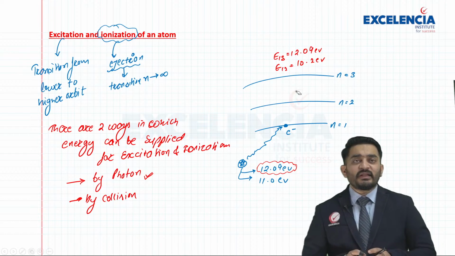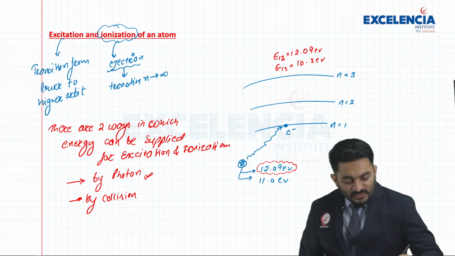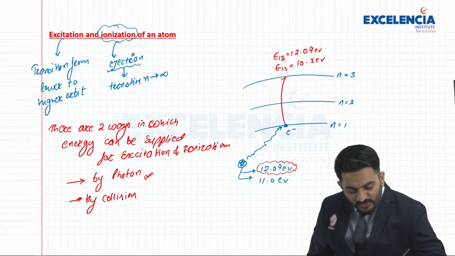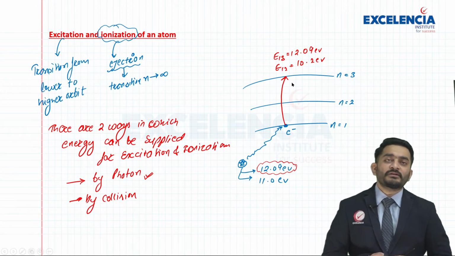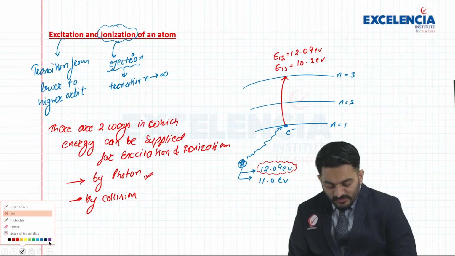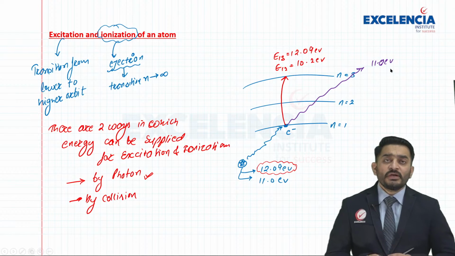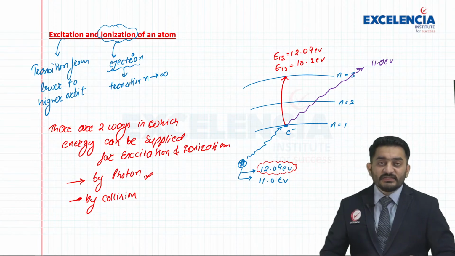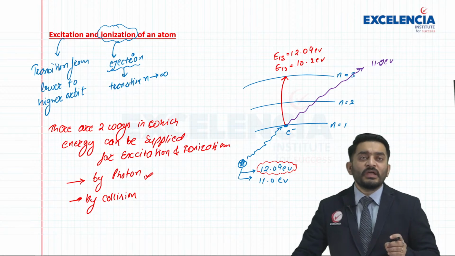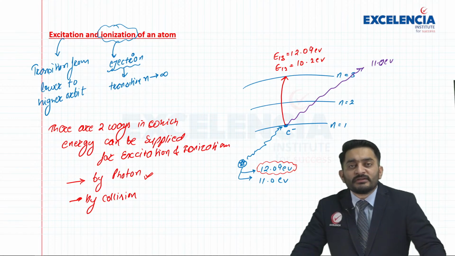There is no possibility that an electron can exist between two energy levels. So only when 12.09 is provided will it jump from the first energy level to the third, and the 11.0 electron volt energy simply passes through and is not accepted by the electron. The basic fundamental thing to understand is that the electron will accept the energy which matches exactly the energy difference between the two energy levels.